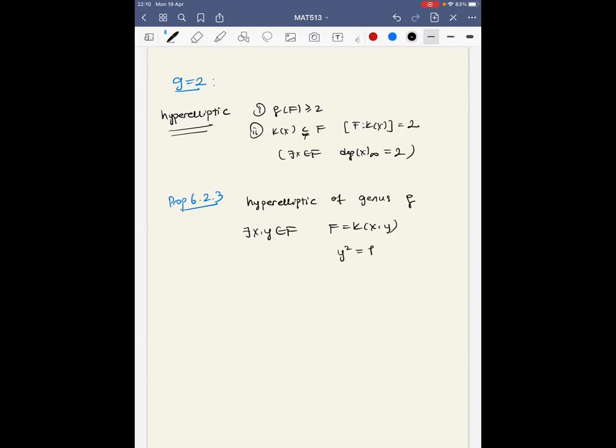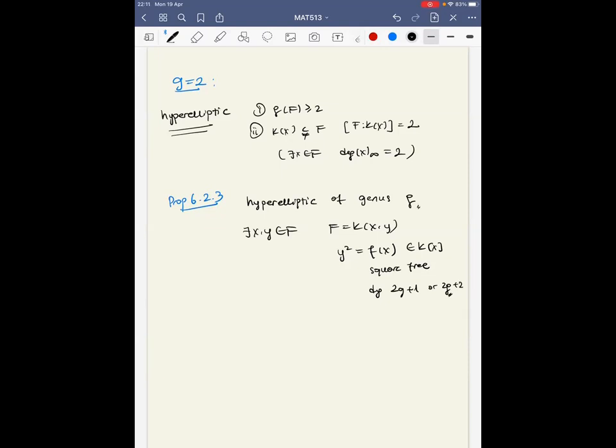Here, x and y have the algebraic relation y squared equals f(x). Like in the elliptic case, here f(x) denotes a square free polynomial of degree 2g+1 or 2g+2, with genus g.